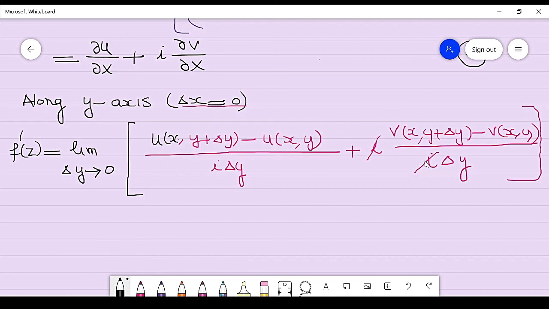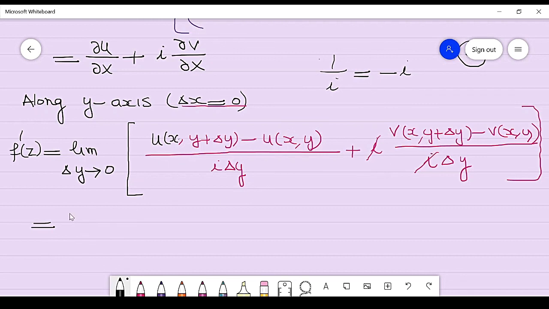So this term is the real part, and 1 by iota is converted into minus iota, since 1 by iota can be written as minus iota. Now I take this term as the first term.